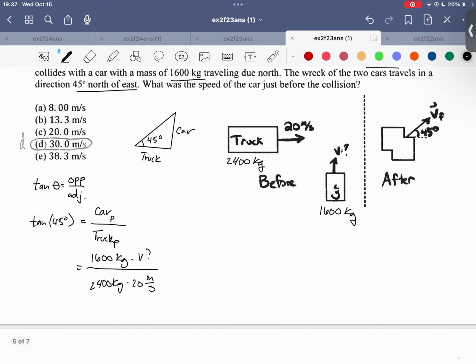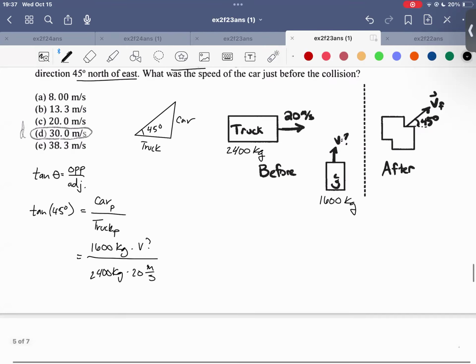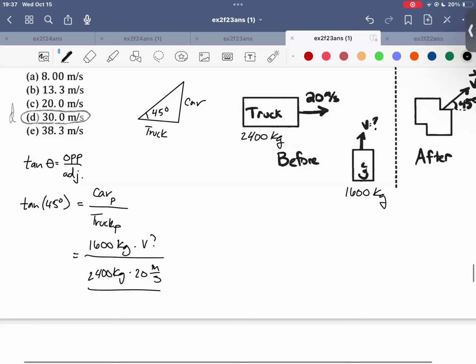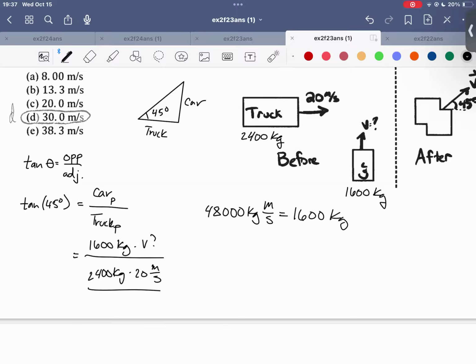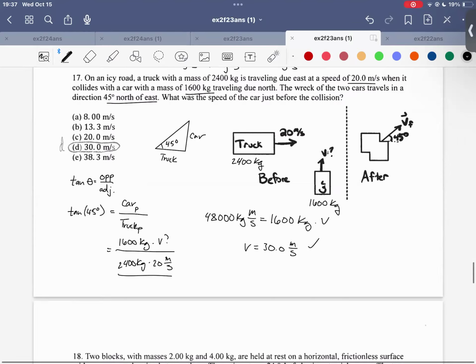Tan 45 is 1, and when we move this to the other side, you get 48,000 kg meters per second is equal to 1,600 kg times velocity. That leaves us with 30.0. So that's 17.